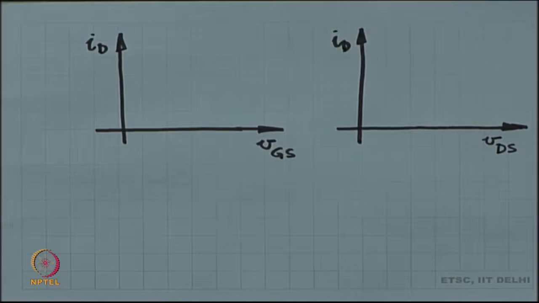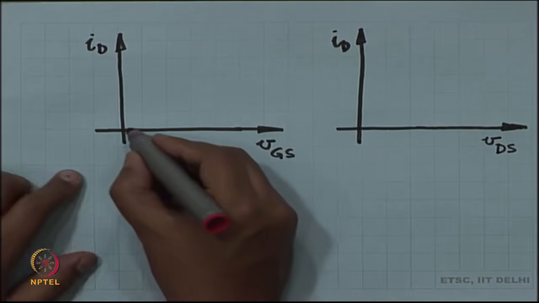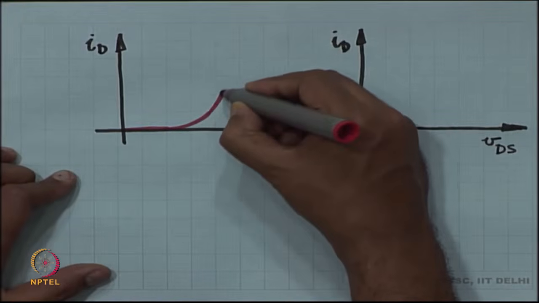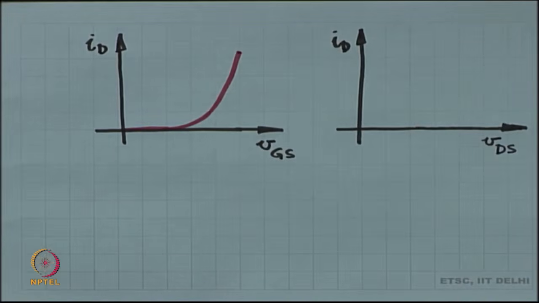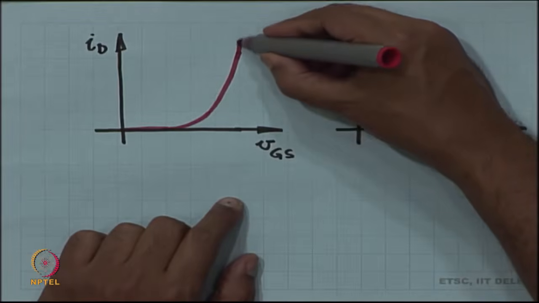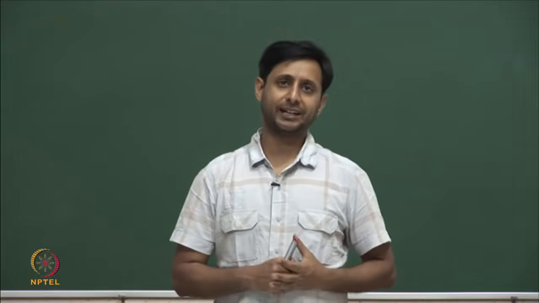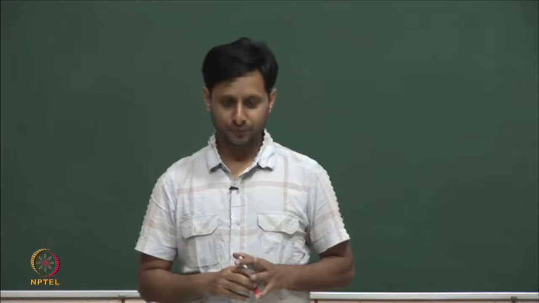So, we are back to the MOSFET characteristics. From the gate, depending on the gate source voltage, we have somewhat of a quadratic relationship, right. Some people think this curve looks like ID equal to some k times (VGS minus VT) the whole squared.